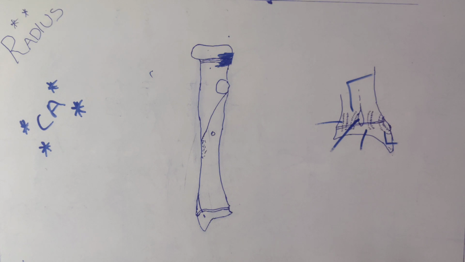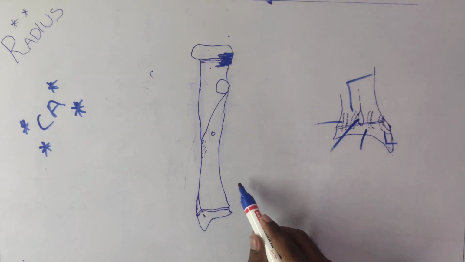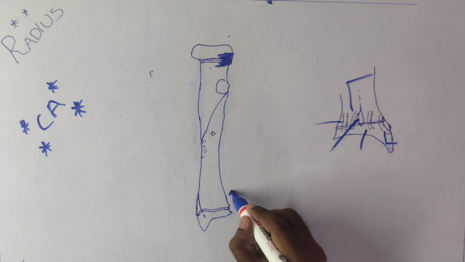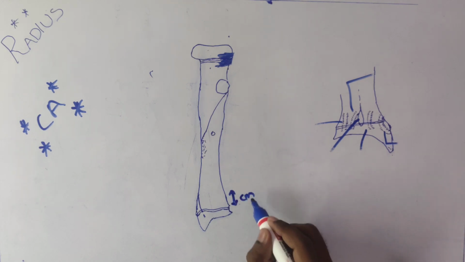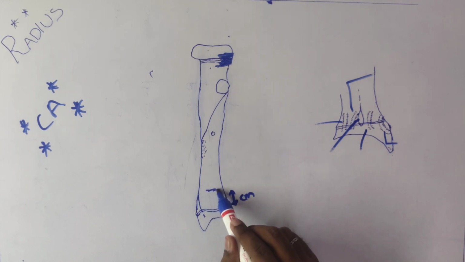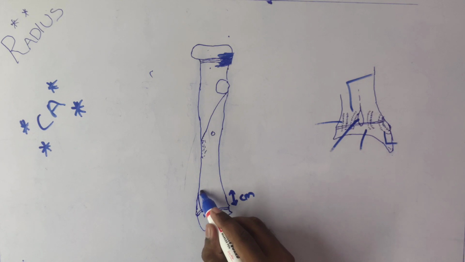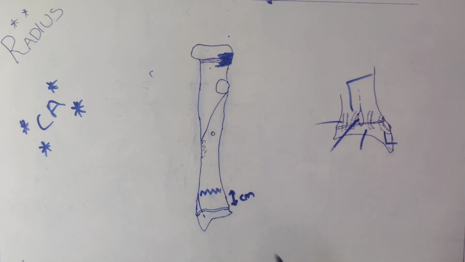First we will discuss the Colles fracture. Colles fracture occurs at the lower end, about 2 centimeters above it. For example, here it is 2 centimeters; the Colles fracture occurs in this spot, and we will indicate the fracture like this.